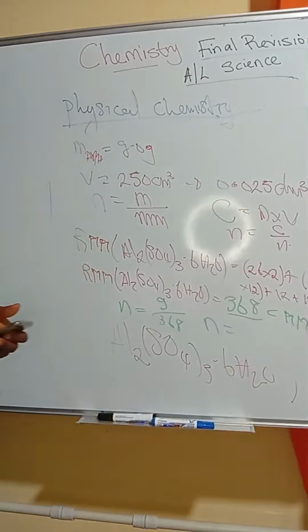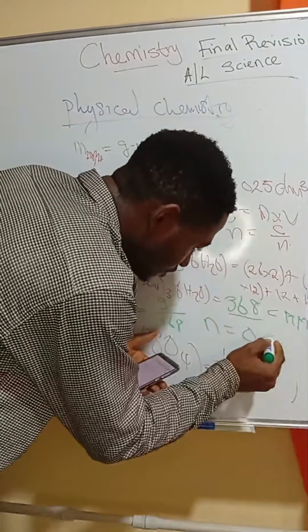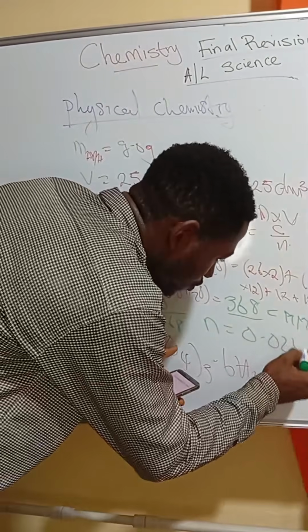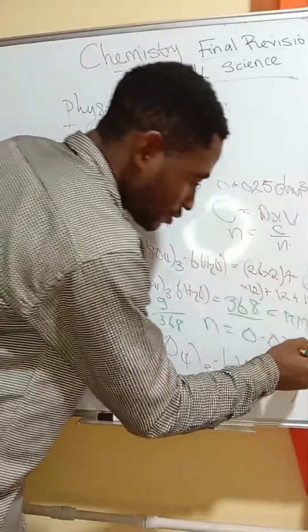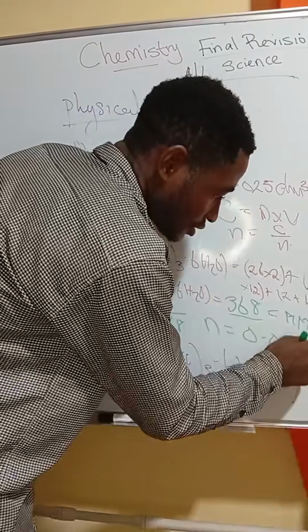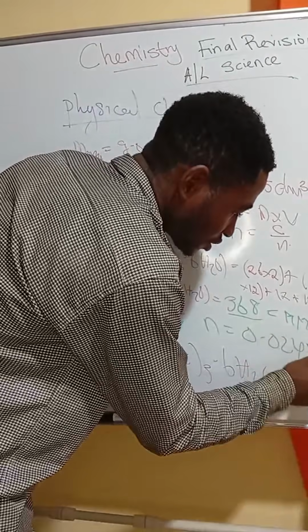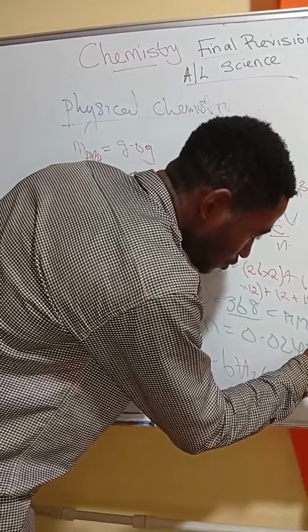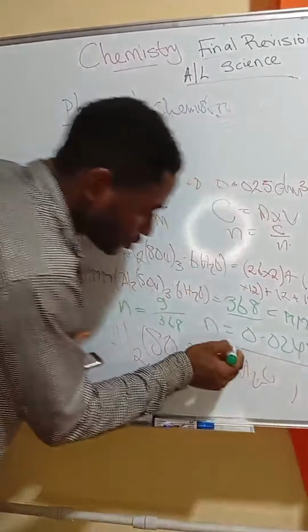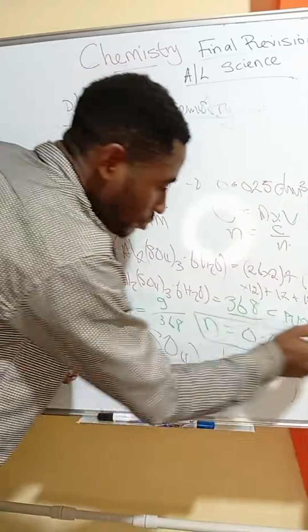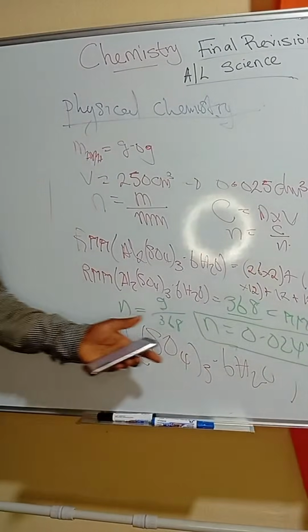The number of moles will be equal to 9 divided by 368, which gave us 0.024 moles. So that's the number of moles of aluminium sulfate hydrate.